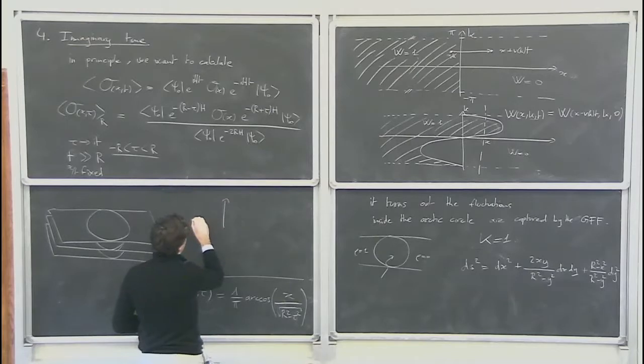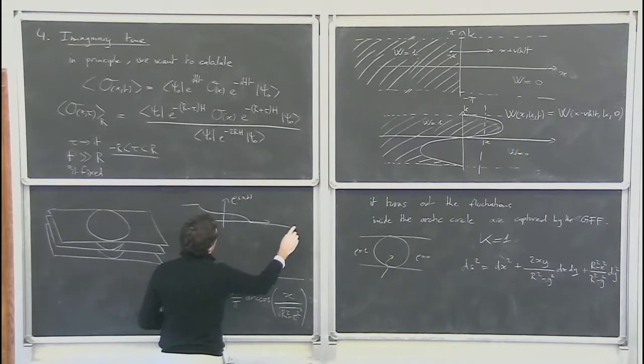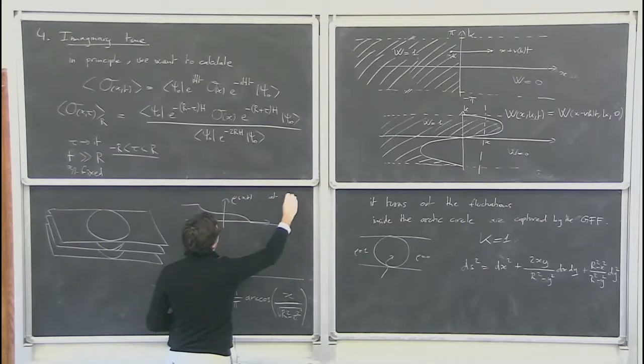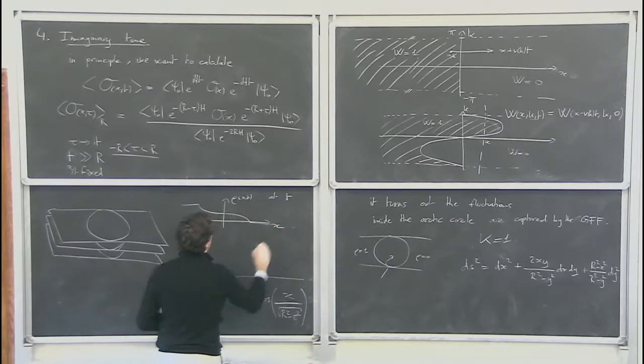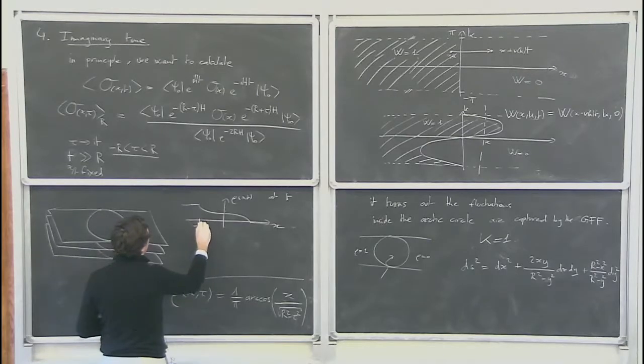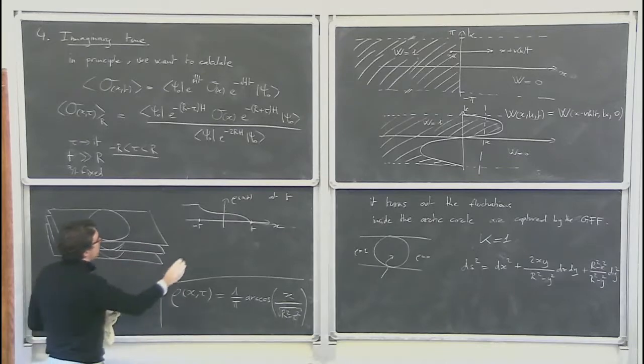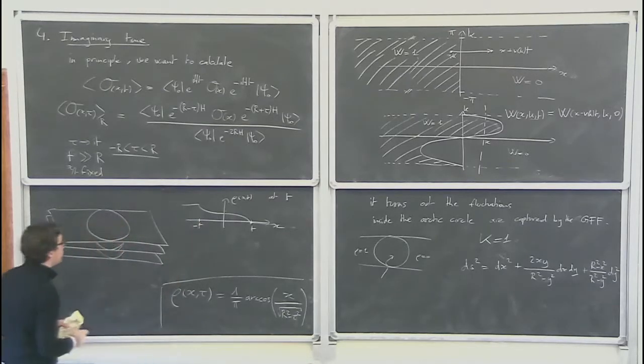So the density profile after time t looks something like this. I said it's an arc cosine, so it looks like this. This is rho of x and t at time t, and this is x. This is minus t, and this is t, because the maximal velocity is 1 in this problem.